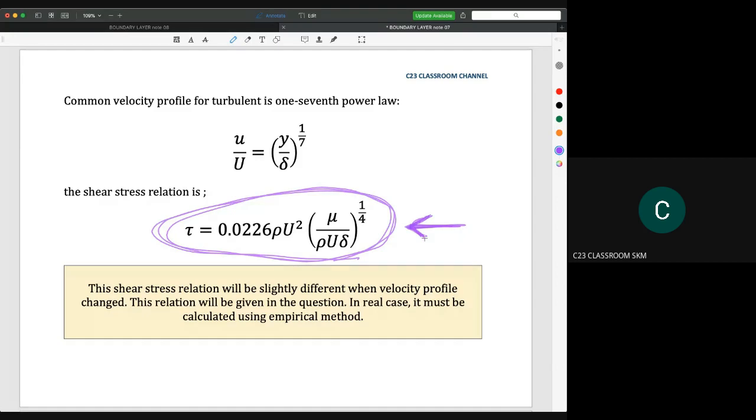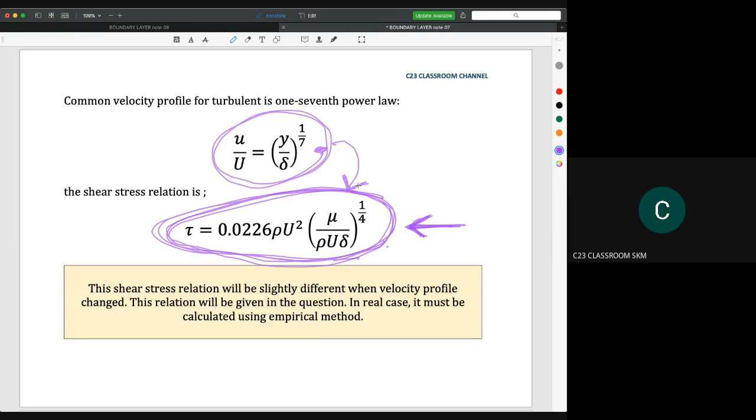So the first thing that you need to remember is you need to know to what value you need to compare your von Karman calculation. The value of shear stress here will be different from one situation to another. For example, for u over U equal to y over delta to the power of 1 over 7, the shear stress normally will be given with this value.